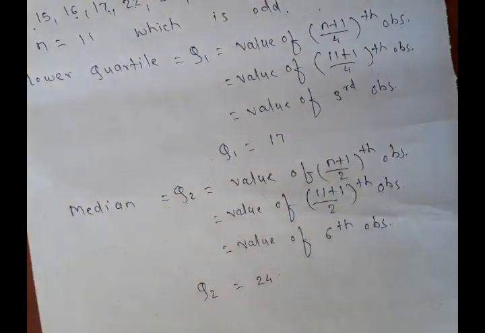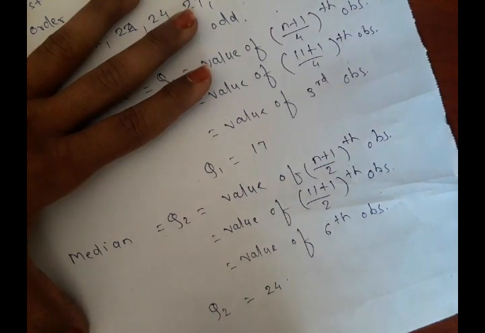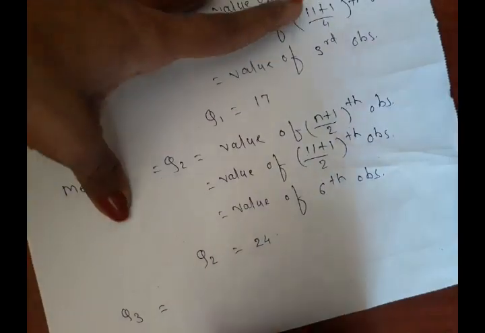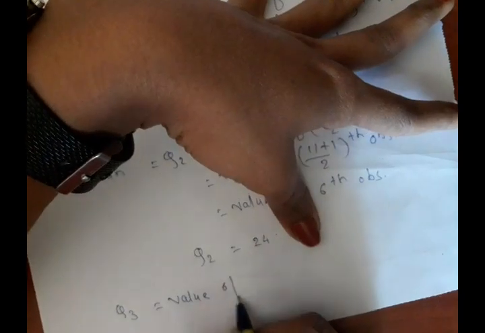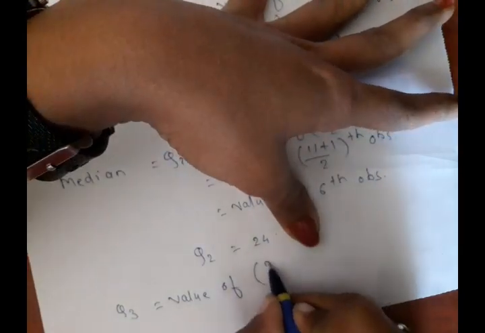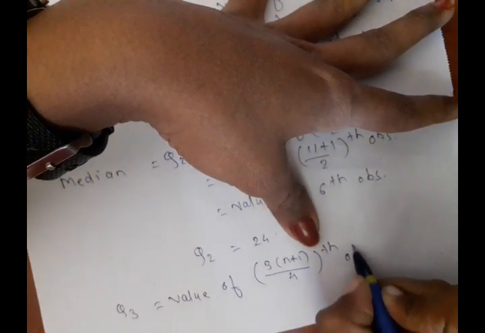And last is the Q3, which is equal to value of 3 times (n plus 1) by 4th observation.